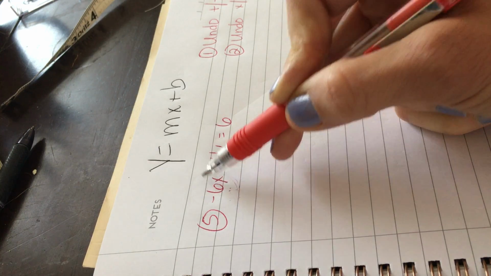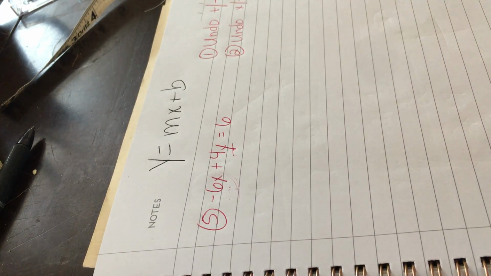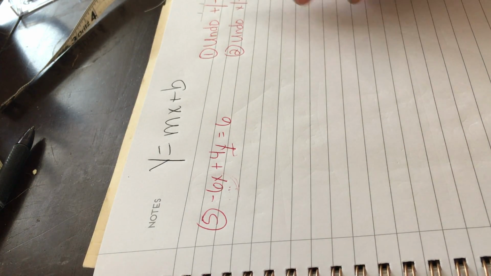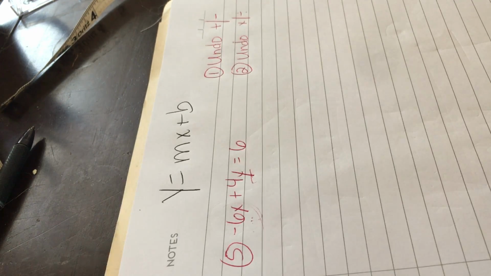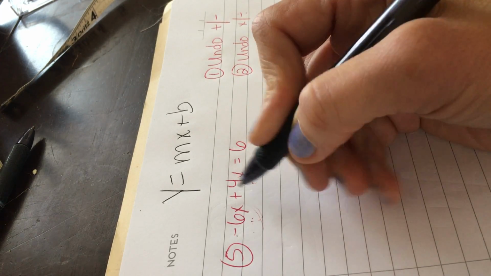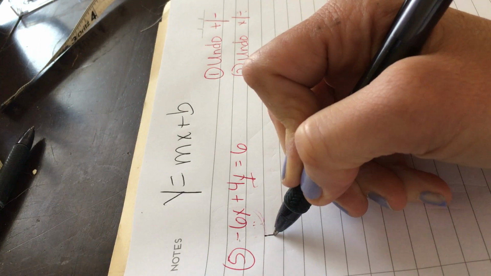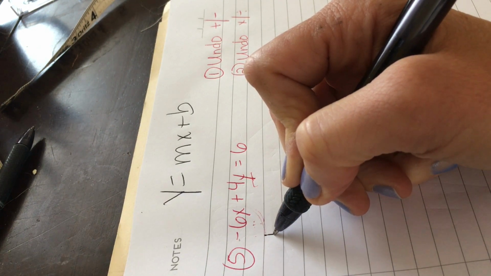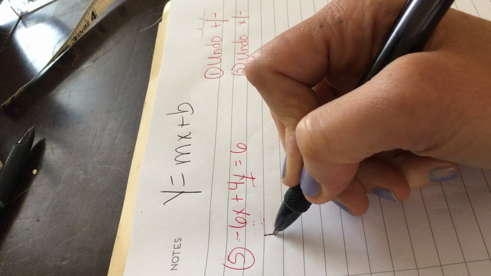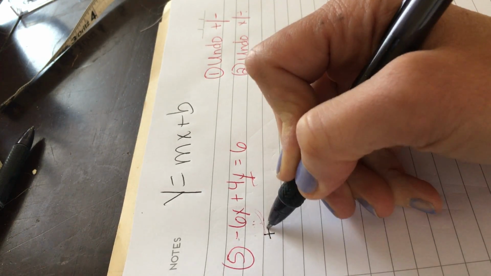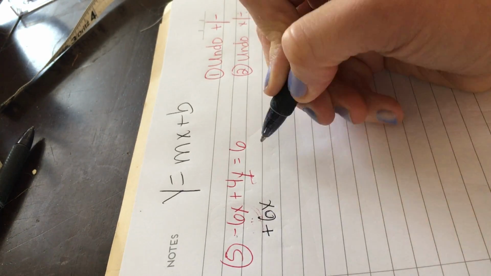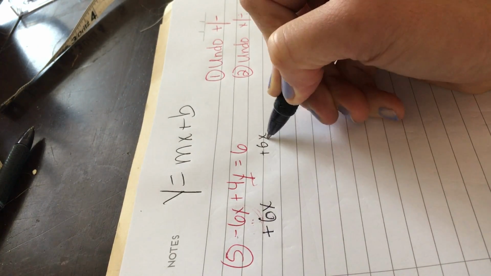I'm moving that whole entire term over to the other side. So that's my undoing addition or subtraction. This is negative 6. So what do you think I have to do? Add or subtract. What's the opposite of negative? Positive, yep. So I have to add 6x to each side.